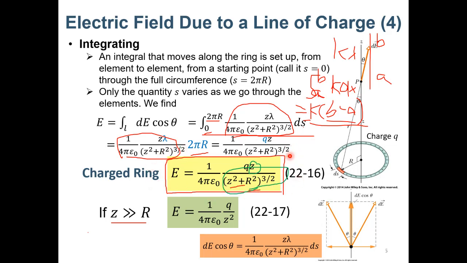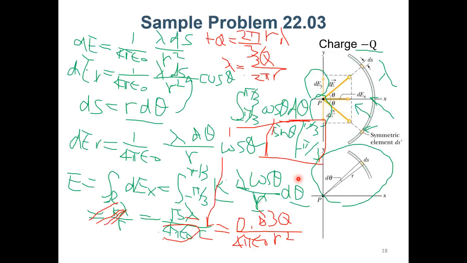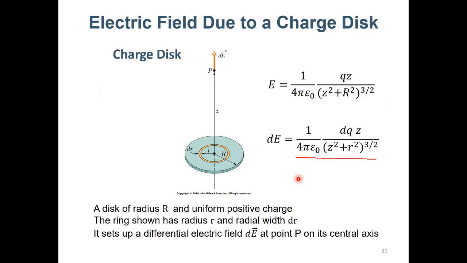This one, 1 over 4 pi epsilon 0 qz over this term to the 3 over 2 power. So it will become this term, exactly the same.